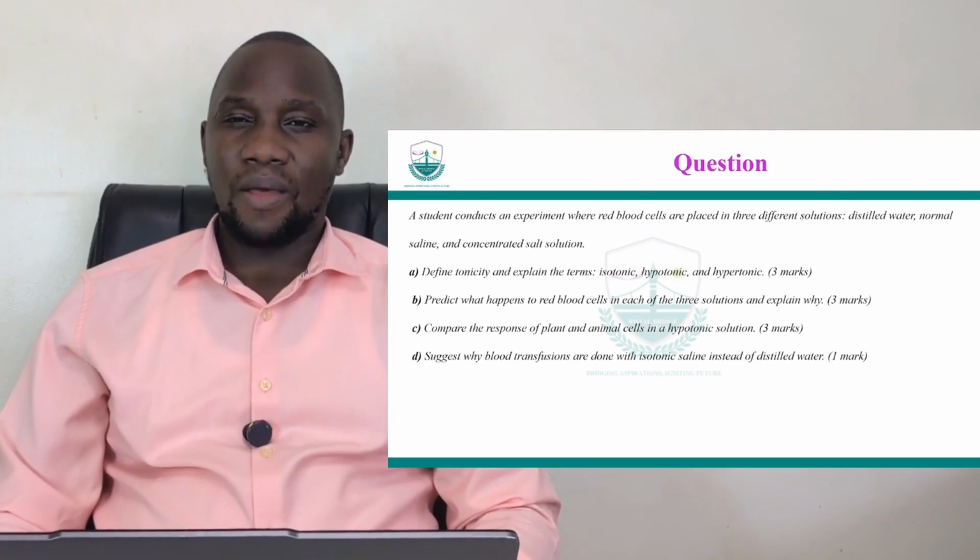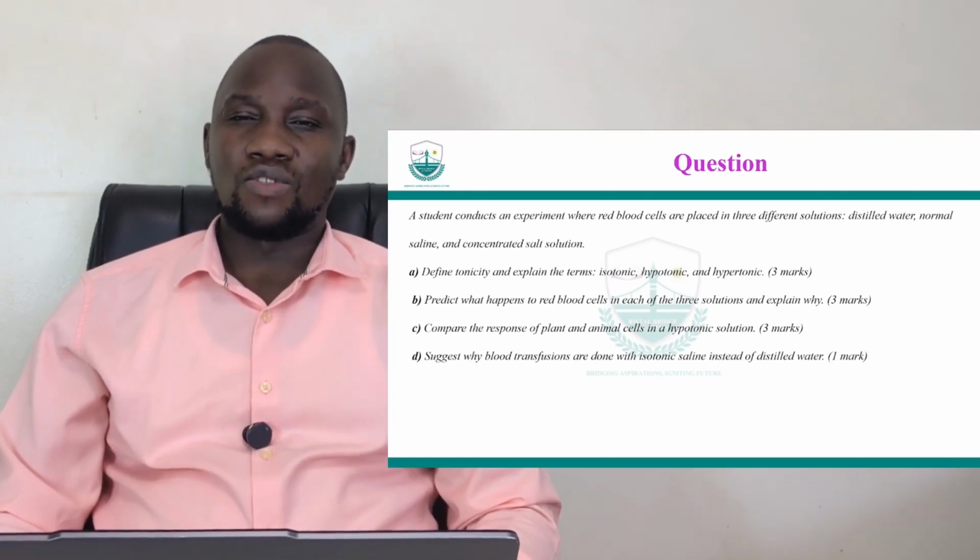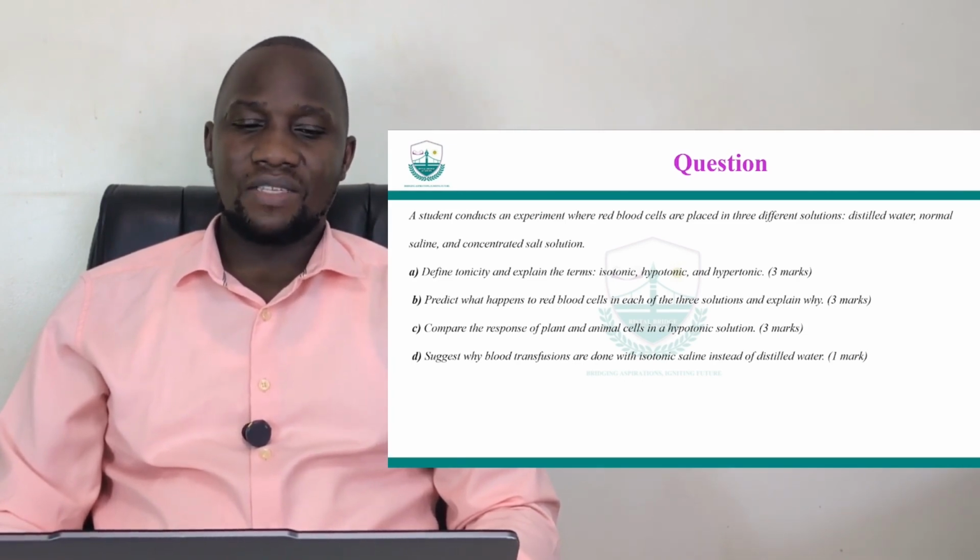You don't want that to happen. You want cells to have the water that they have, so you don't want to create any disturbance in water movement. So that's why you need to have isotonic solution instead of distilled water.